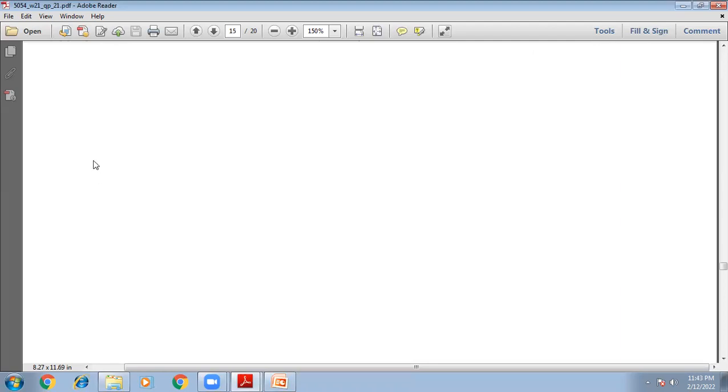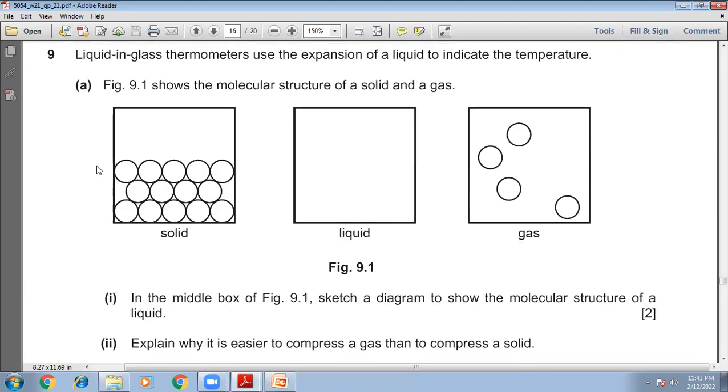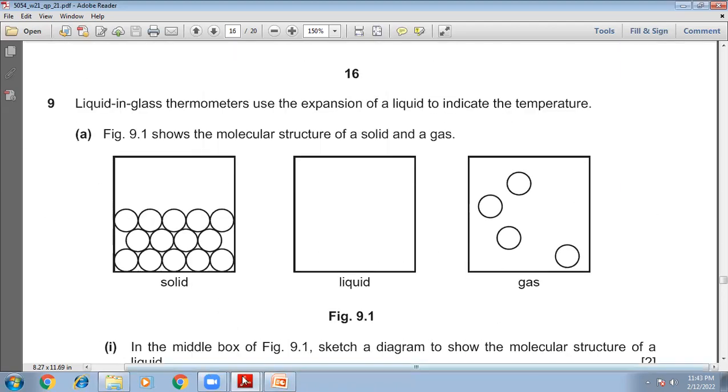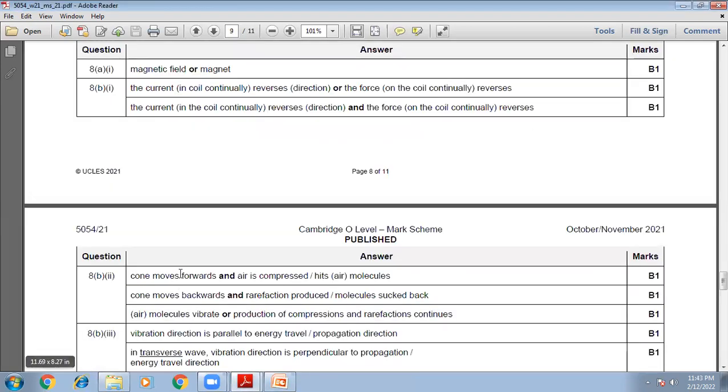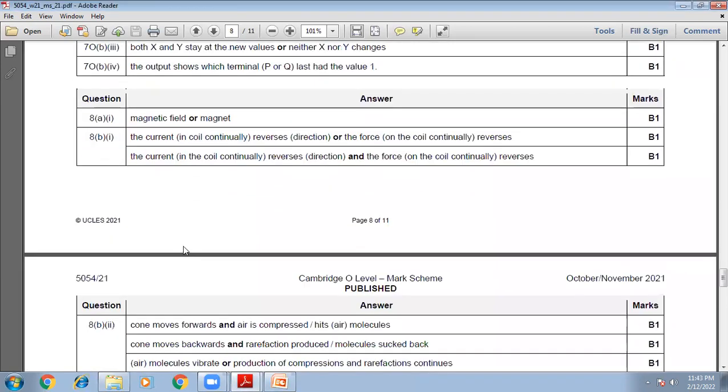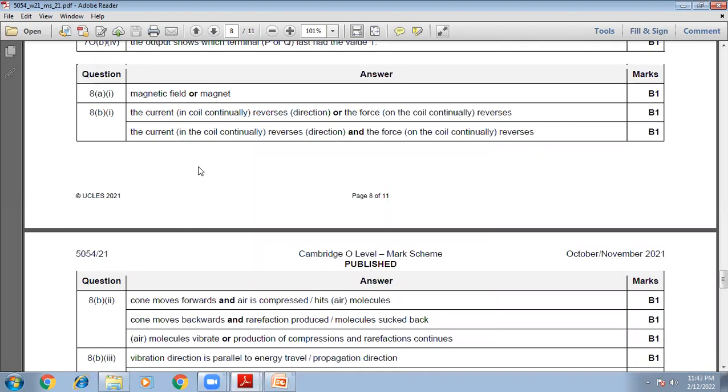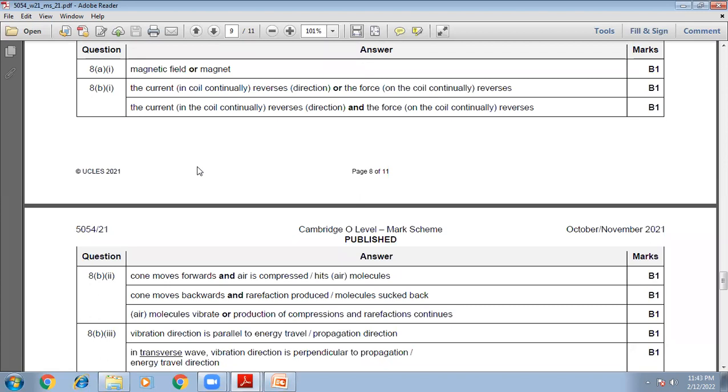So my dear students, we are done with question number 8, and question number 9 is now coming. Before we go to the next question, here on your screen the marking scheme of question number 8 is showing up. You can pause the video and take your time and read this marking scheme carefully.